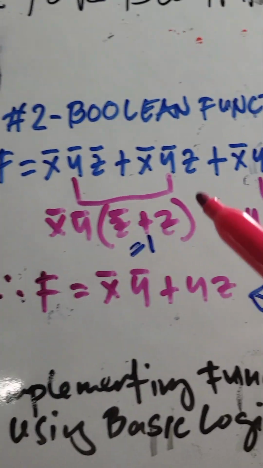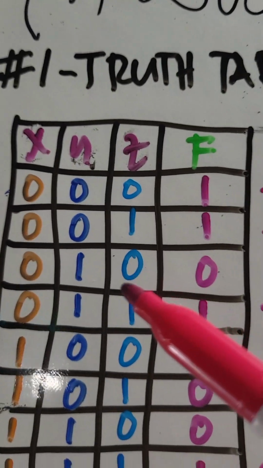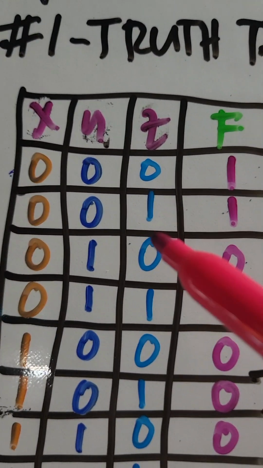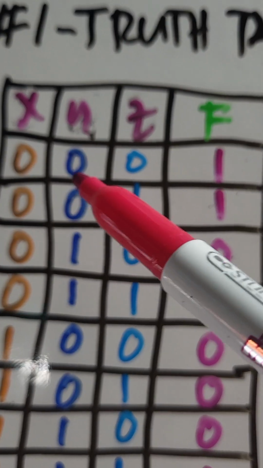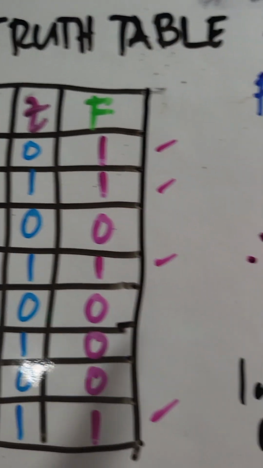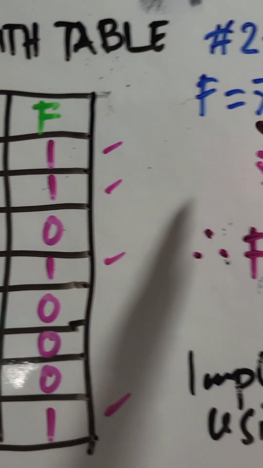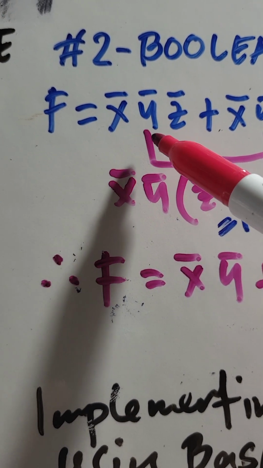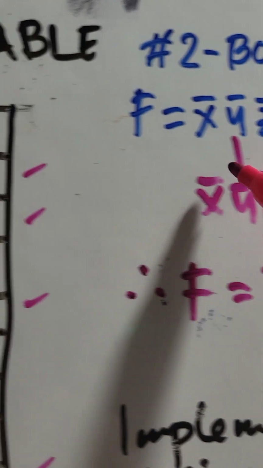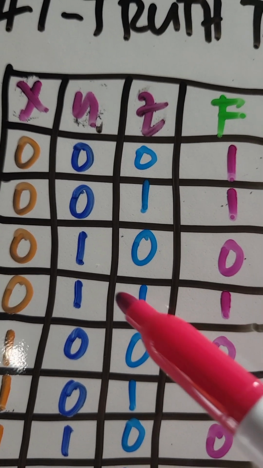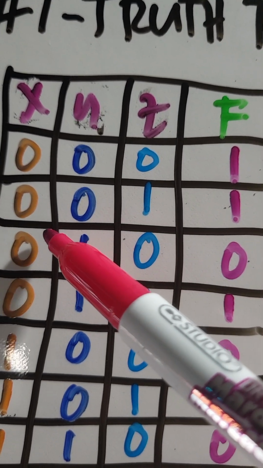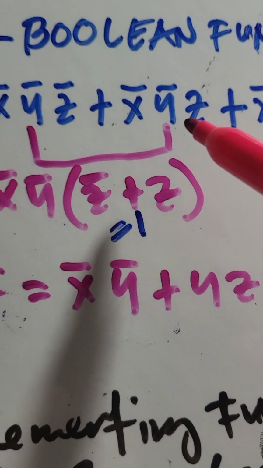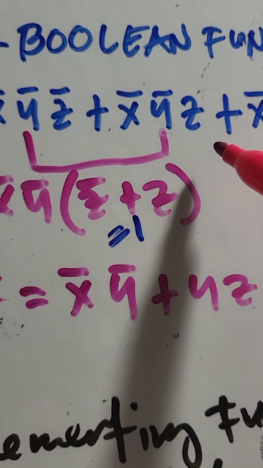Now, our Boolean function out of these combinations with output 1: x0, y0, z0, output 1, so we have x bar, y bar, z bar. Then the next inputs x0, y0, z1, output 1, so we have x bar, y bar, z.